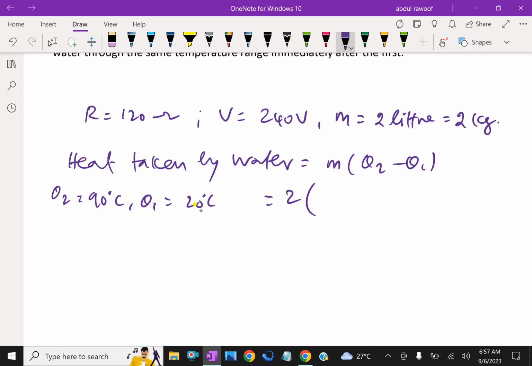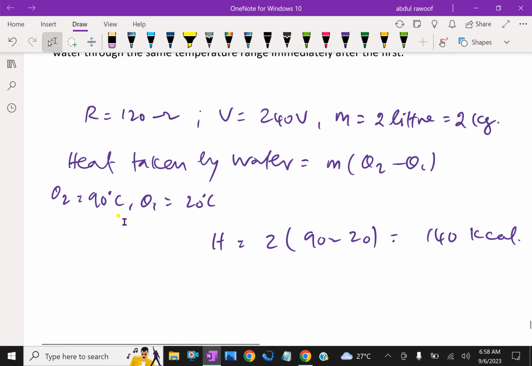So heat energy is 2 into 90 minus 20, which is equal to 140 kilocalories.